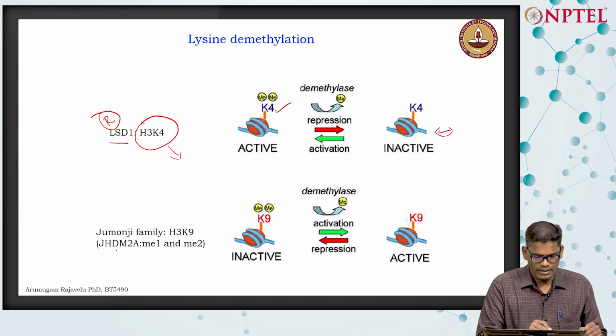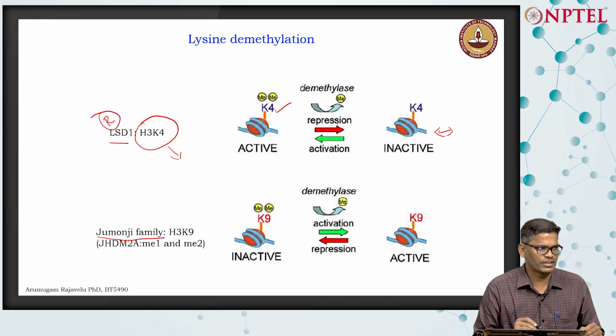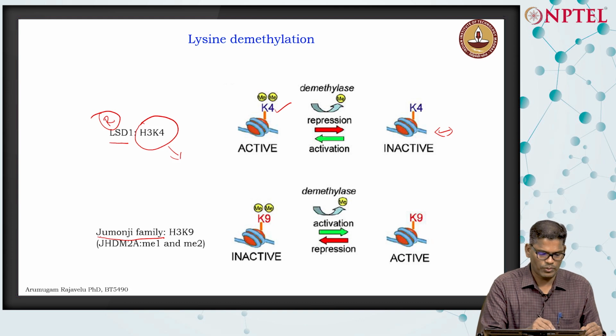The other family, that is the Jumonji family, is the largest family. All the rest of the positions, K9, 36, 27, H4 K20, in all the positions are demethylated by this family of proteins called the Jumonji family of proteins.